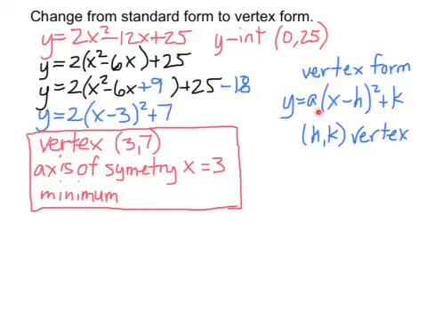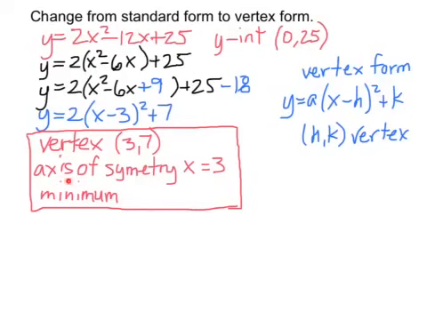That's my a value, and the a value really tells us only how wide or thin it is. Then 25 plus 18 minus 18, that gives us this plus 7 right here. Well, there it sits. There's my h and my k. It's the 3 and the 7. So the negative sign came in the equation, so we leave that there, and the vertex is at (3, 7).